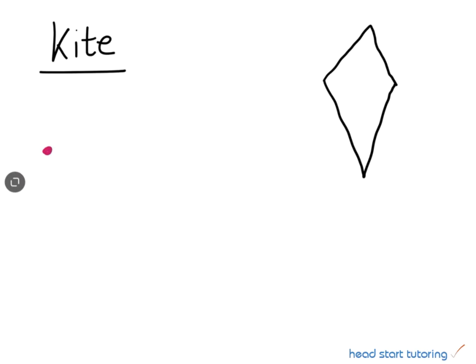When we have two sides that are next to each other, sharing a common vertex, now this point here is called a vertex. So two sides sharing a vertex, those two sides are called adjacent sides.